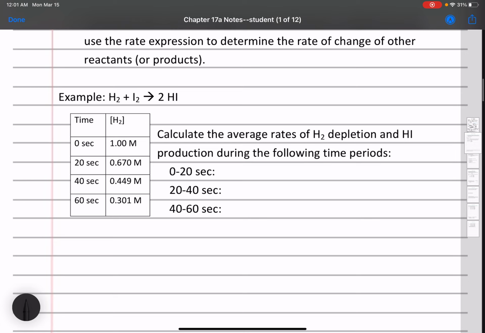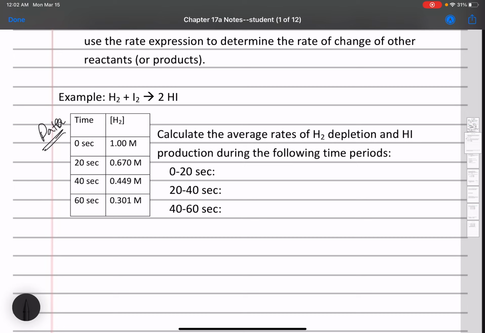So let's look at an example reaction with real chemicals. So we've got hydrogen gas plus iodine gas reacts to form 2 moles of hydrogen iodide. And it says, calculate the average rates of H2 depletion and hydrogen iodide production during the following time periods. So we have this data. So it gives us this data chart.